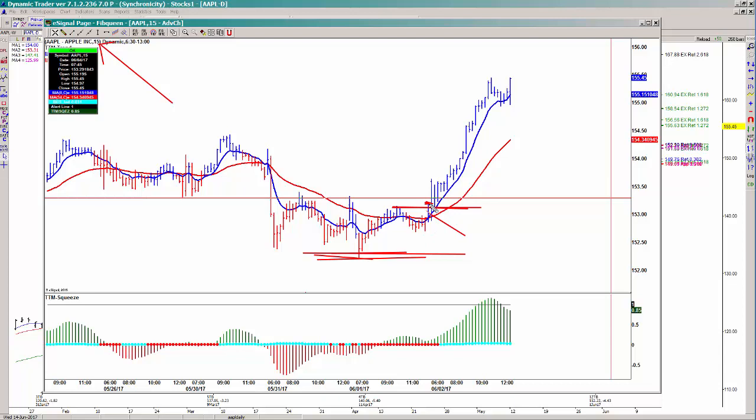Okay, at that point you could buy Apple or, you know, options or stock, whatever, and then your initial risk would have been defined as below this last low, either that or below the low end of the cluster, depending on how you choose to write up your trading plan. But what was also interesting was that not only did we have the regular trigger that I like to look at, there was also a squeeze trigger that fired off about the same exact time.